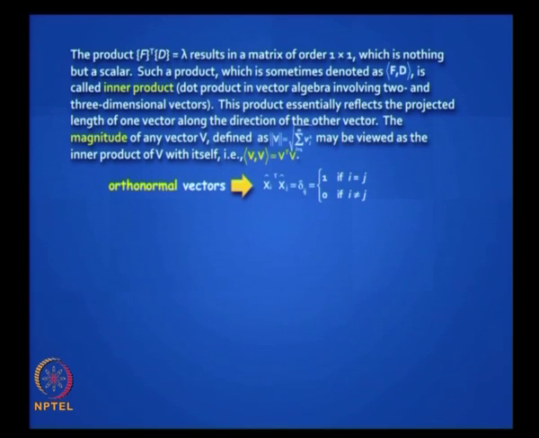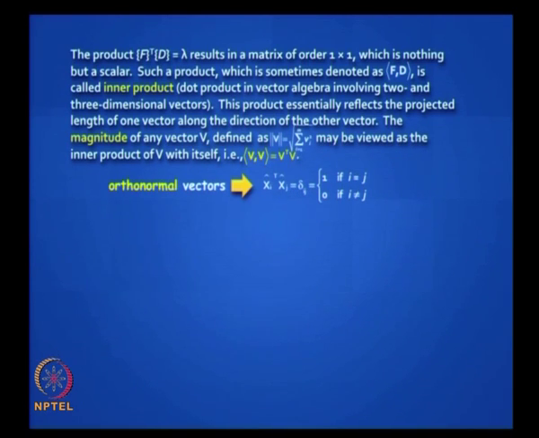Such a product, which is sometimes denoted as F comma D with those triangular braces, is called inner product or dot product in vector algebra involving 2 and 3 dimensional vectors. This product essentially reflects the projected length of one vector along the direction of the other vector. We are familiar with this in physics.